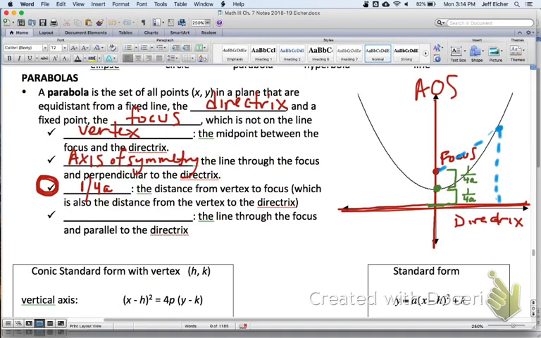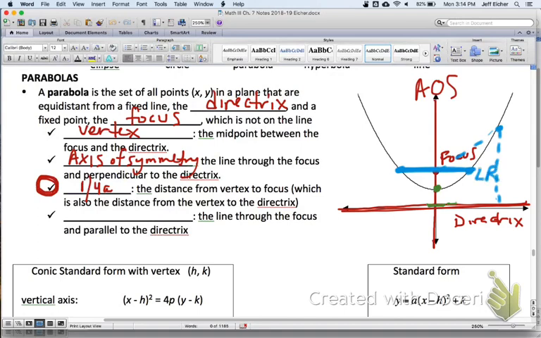And then the last term: the line that passes through the focus and is parallel to the directrix. So let me get rid of this a little bit so we can focus on that. The line that passes through the focus and is parallel to the directrix, this line we call the LR.